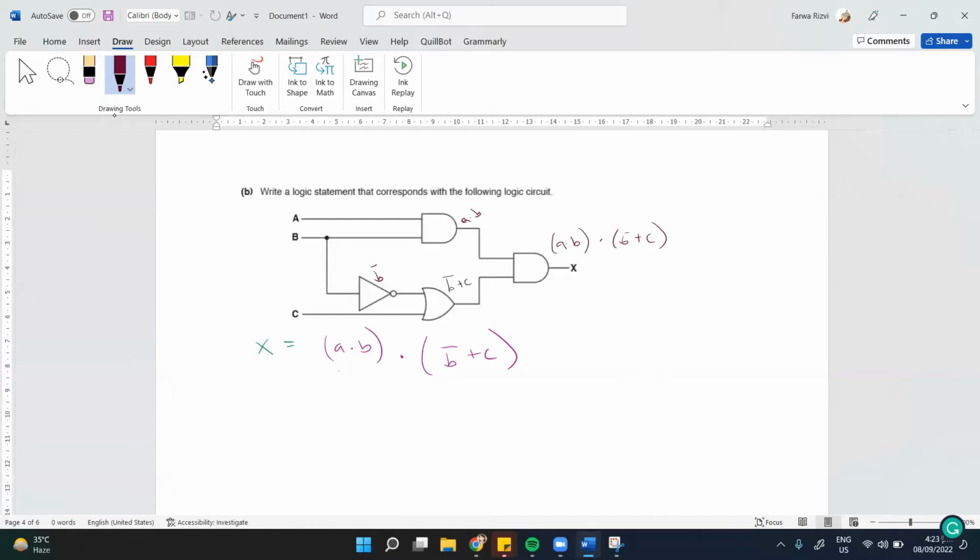Okay. What expression did you get? I got A dot B and then dot, and then I was trying to do the NOT gate, but I kind of got stuck.